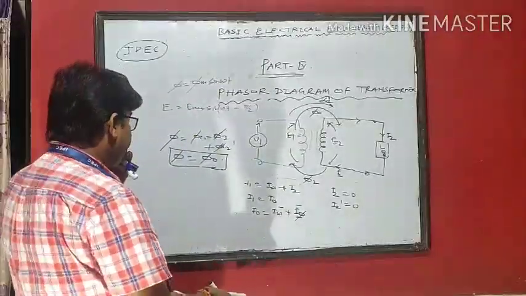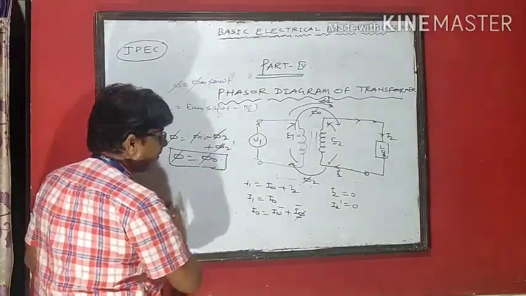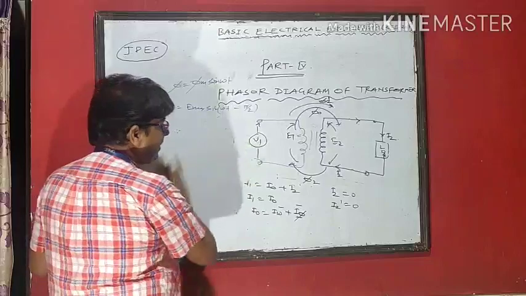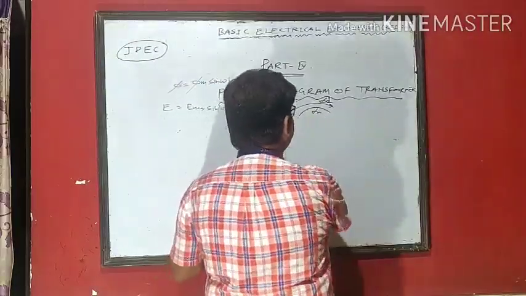Next, from the approximate diagram, which equations are used to draw the phasor diagram?